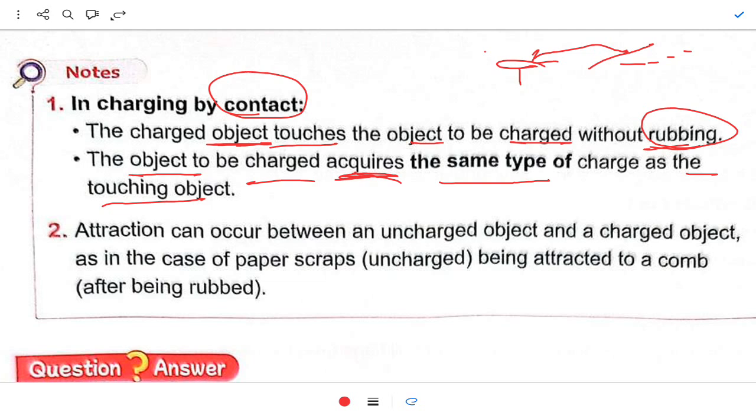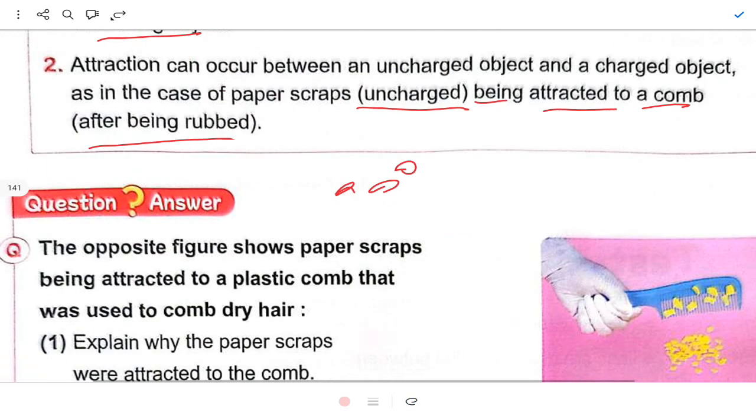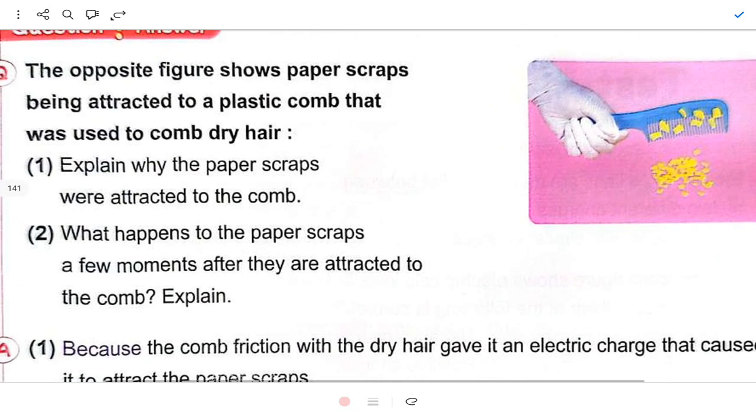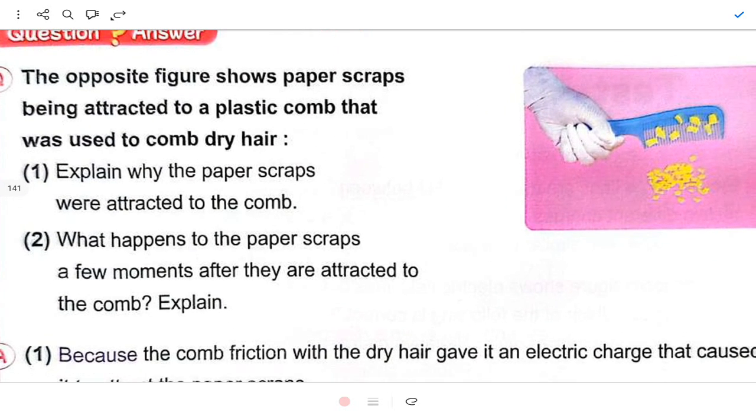And second note, attraction can occur between an uncharged object and a charged object, as in the case of paper scraps, which are uncharged, being attracted to a comb after being rubbed. If you have a comb and you use it in your hair, what will happen?